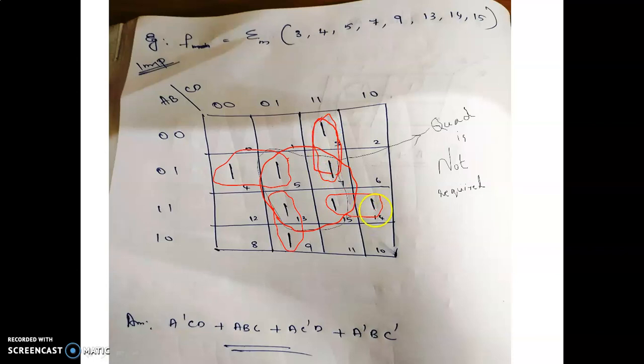Again, this remaining one will be paired with this one to make it a group. And this one may be paired with this one to make another group. And this one may be paired with this one to make the next group. So in total, in the expression, you may be having 5 groups, 1 quad and 4 pairs, isn't it? 5 groups will be there.